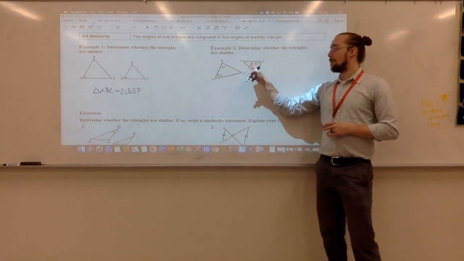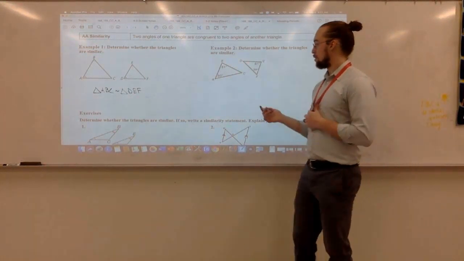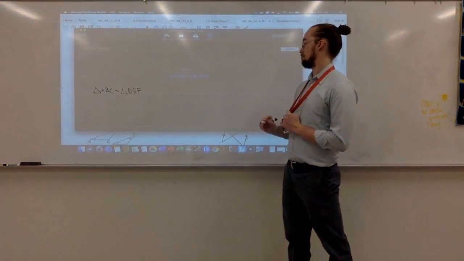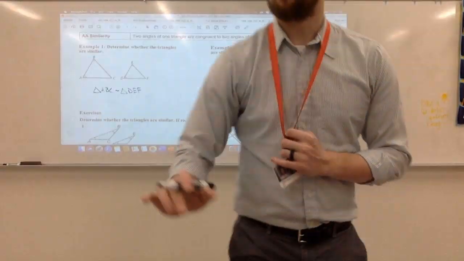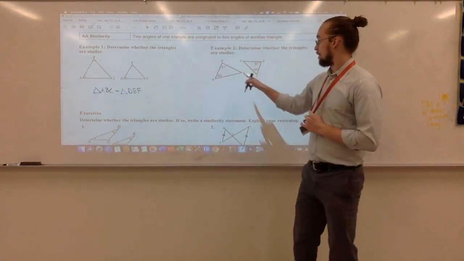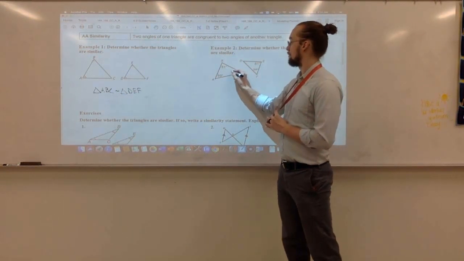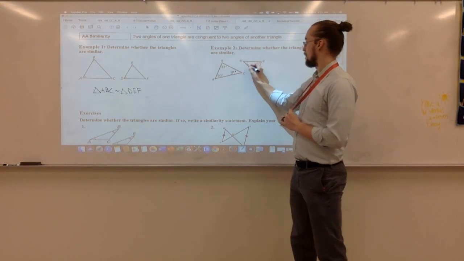Similarly, 180 minus 81 minus 39 to get that measure. So if we do that, what do we get? 39 for this one, right? And 60 for that one.